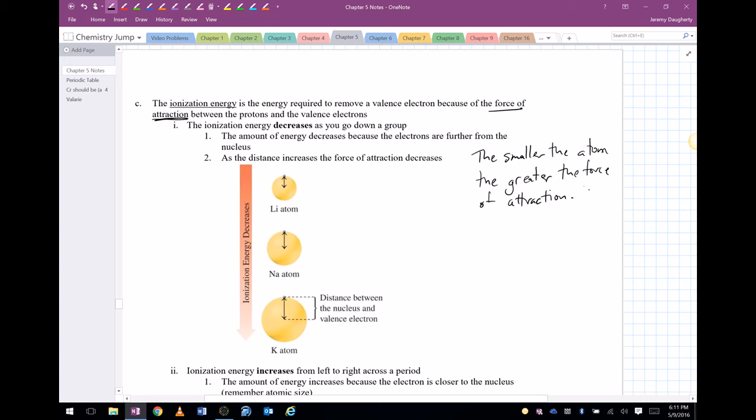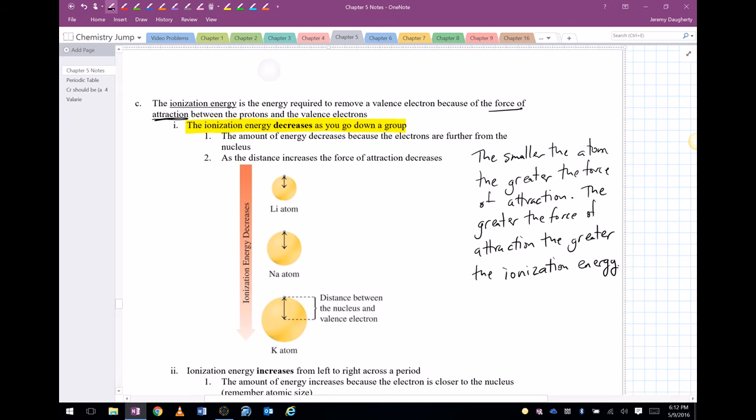Okay? The greater the force of attraction, the greater the ionization energy. Okay? So from top to bottom, ionization energy decreases.